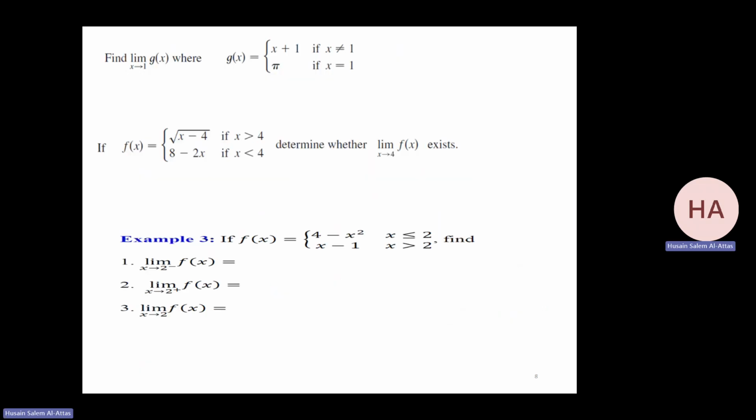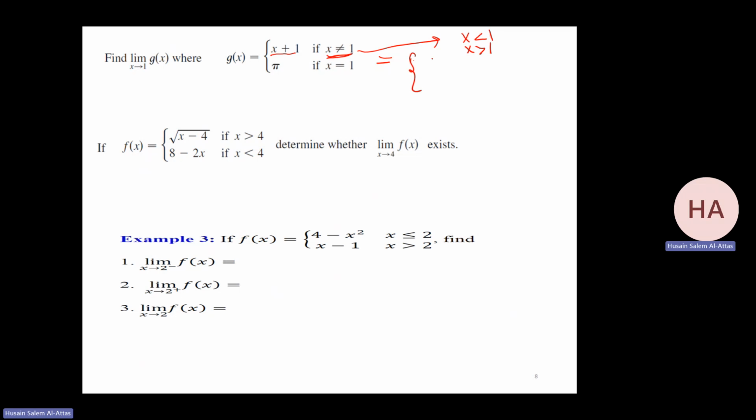Now we'll also do something with the piecewise function. Actually, we did it before in 2.2, but this is the idea. If you look at this function, you need to check from left and right. This function says x plus 1 if x is not equal to 1. When he said x not equal to 1, that means he includes x less than 1 and x greater than 1, both of them, because the rest is x equal to 1.